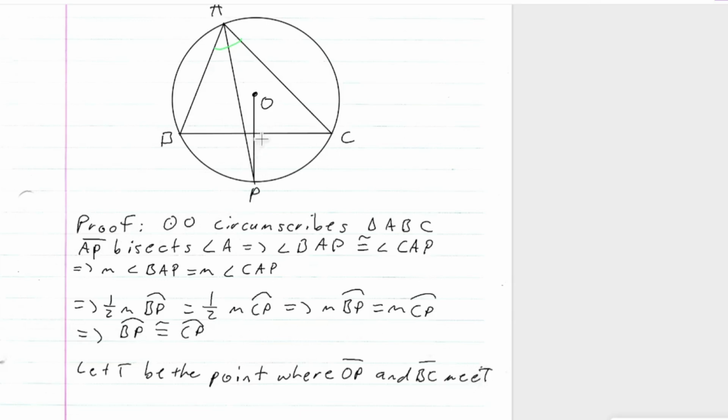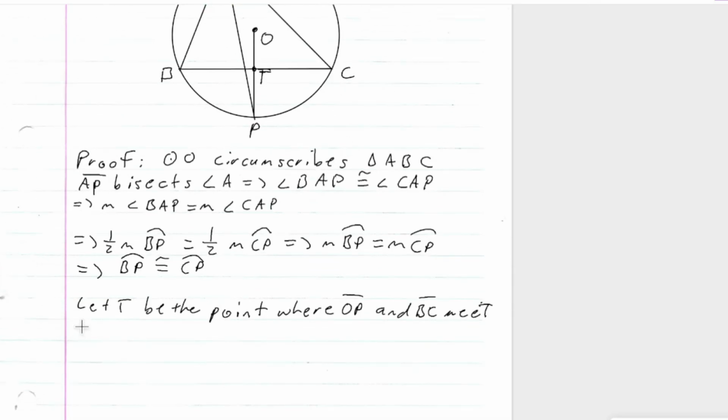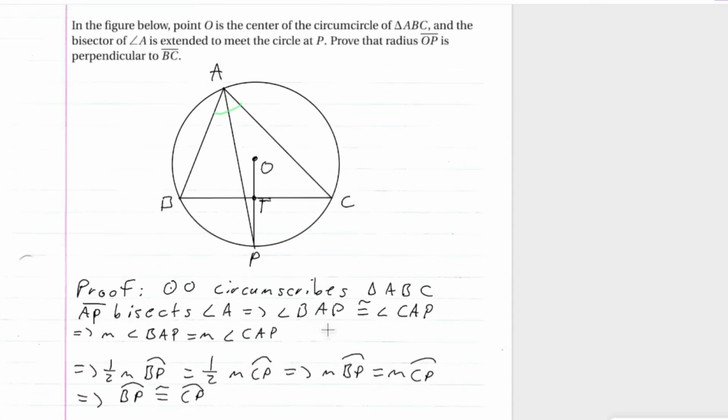So the intersection of OP and BC is going to be this point here, point T. So we're also going to extend OP to point Q, which is an element of circle O. So we're just going to draw this right here. We're going to extend it, right? And this will be point Q.